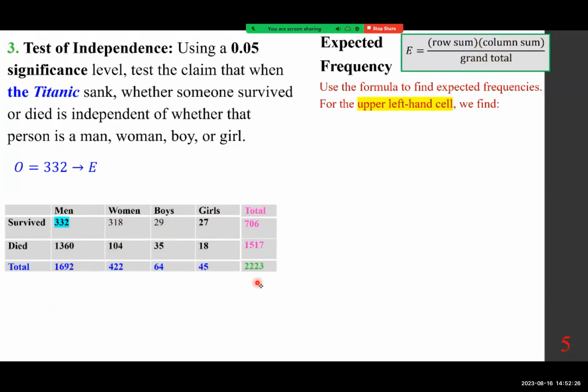Take a look. Again, we are interested in finding the expected value for this. Here's the total for the row. Here's the total for the column. Multiply, divided by the grand total. That's what we have.